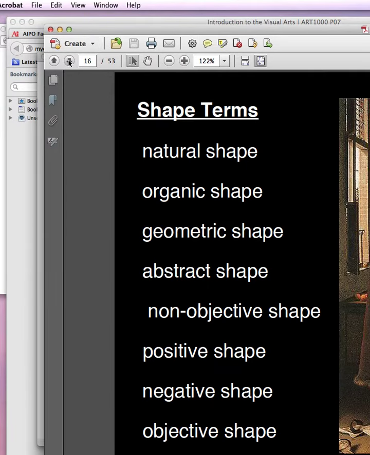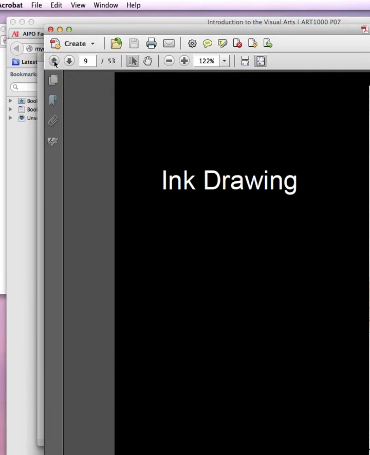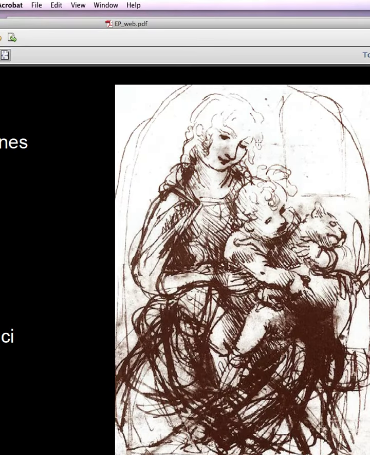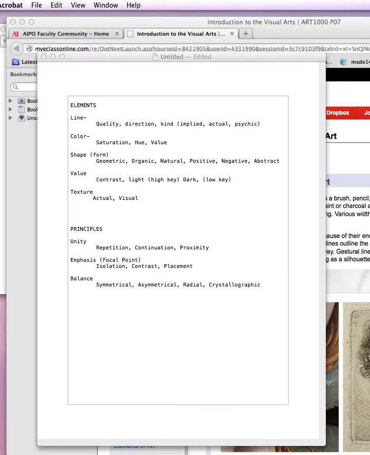But I'm also trying to get you to see that he uses line to suggest just the curve, maybe of a curl, or the gesture of an arm, the way that movement is put in there. So the delicacy of the line, the thickness or the thinness, that's what we're talking about when we're talking about the quality.